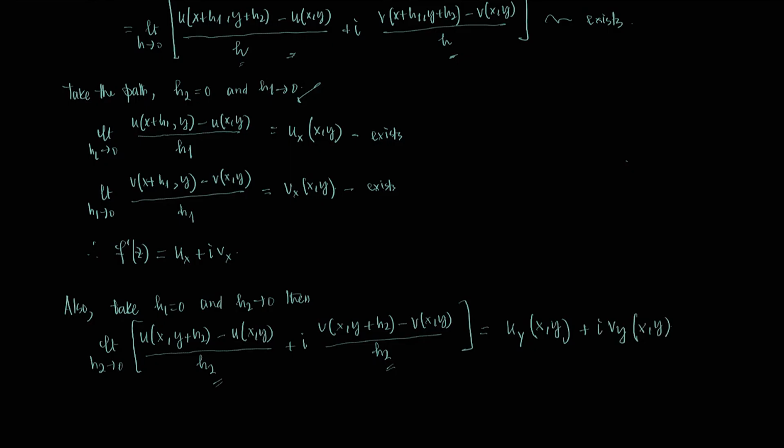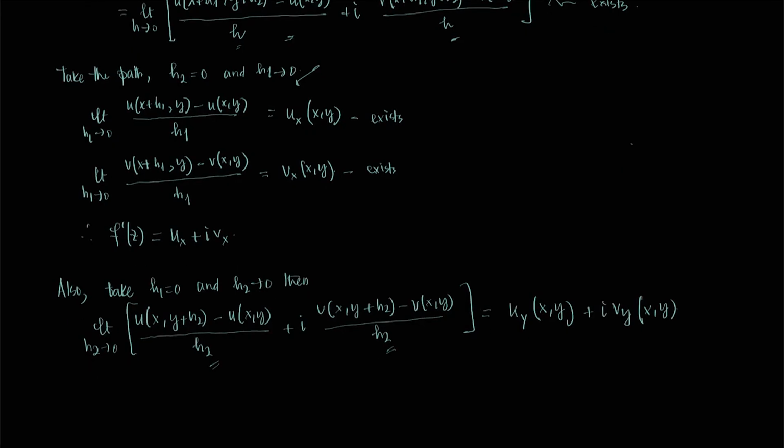So we can break it up into two different paths. I have missed an I here, so I can write it here, because h is h1 plus I h2. h1 is 0, so I missed that I. So this is nothing but 1 by I, and that gets cancelled out.